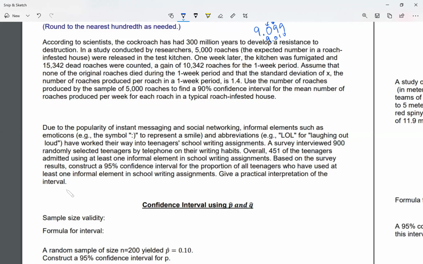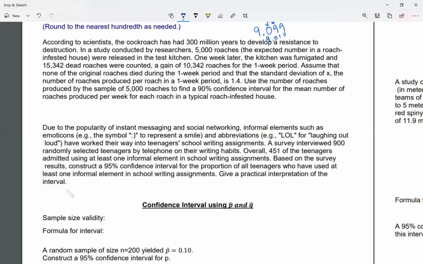In a study conducted by researchers, 5,000 roaches, the expected number in a roach-infested house, were released in a test kitchen. So we released 5,000 roaches just to see what would happen.